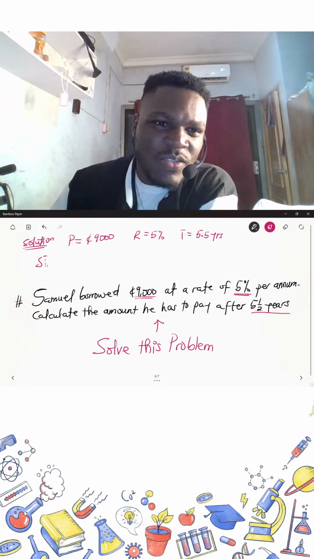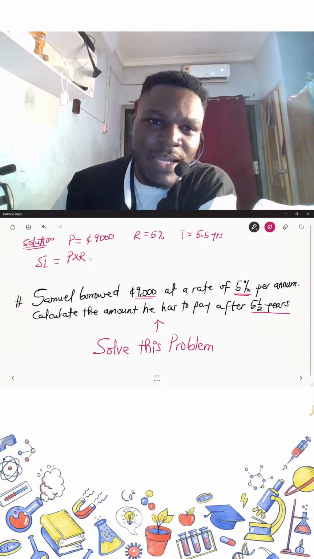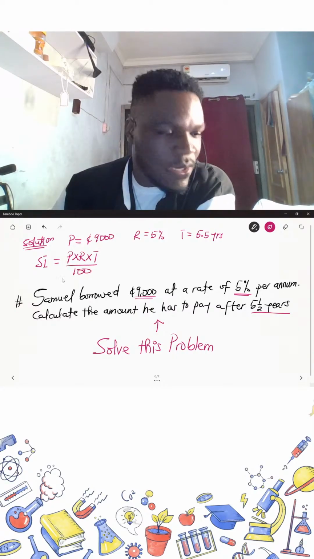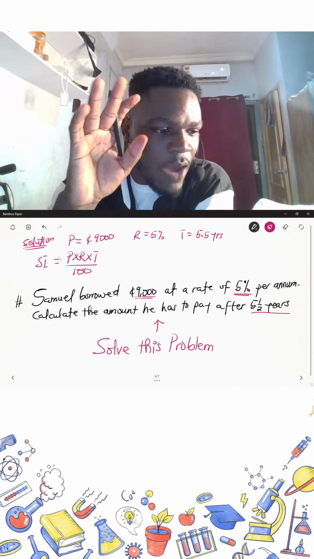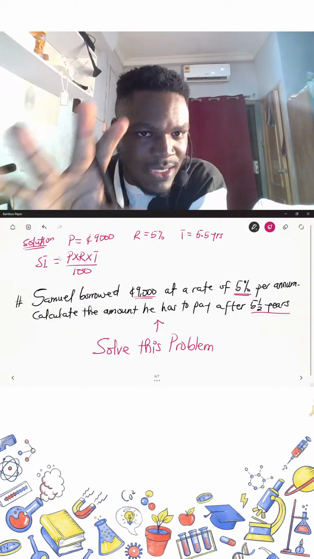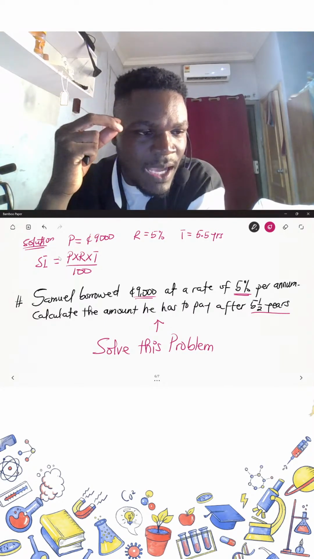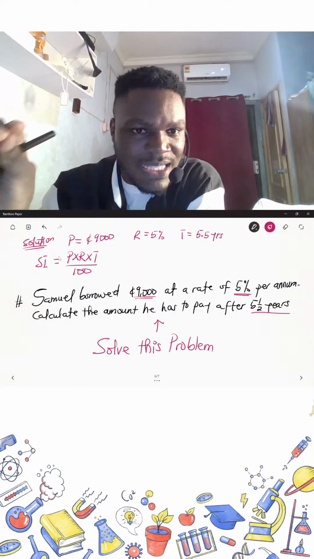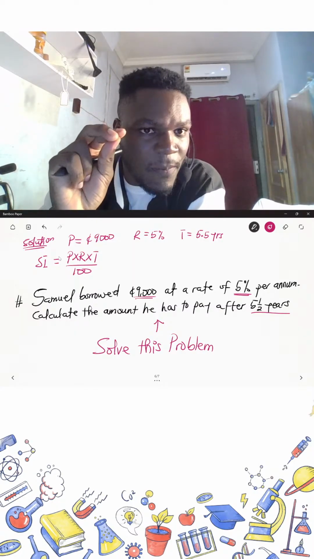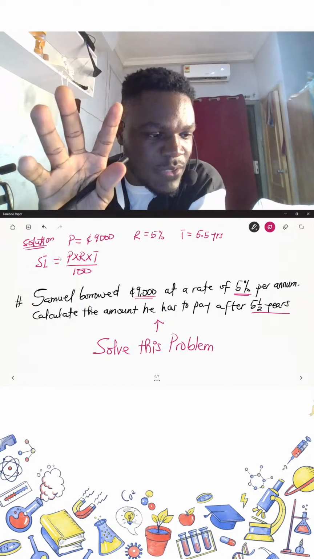So the interest over here, the simple interest, is the principal multiplied by the rate multiplied by the time, all over 100. Okay, Abdullah, I hope up until this point you understand, because I've just written the parameters that the question has given me and I've quoted the formula. I hope up until this point you're okay.